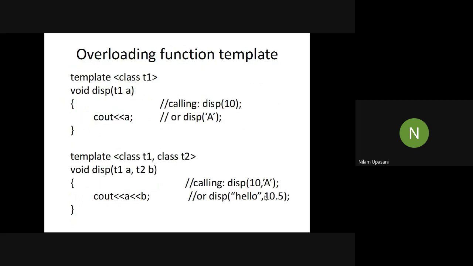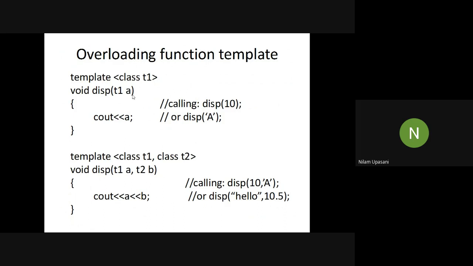Then another possibility wherein explicit overloading is required is this situation. Say I want to define a display function. But sometimes I want to call the display function for a single value, whereas sometimes I want to call it for two values, three values.